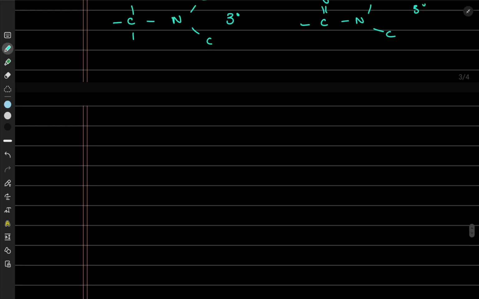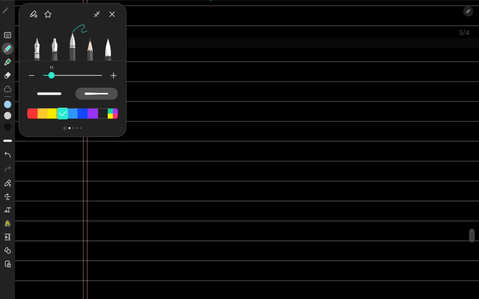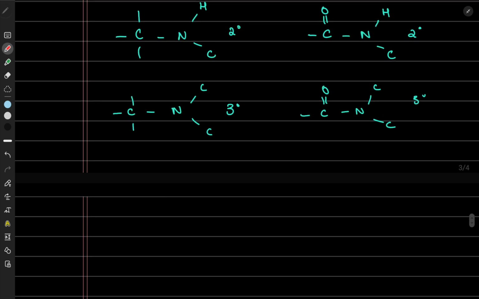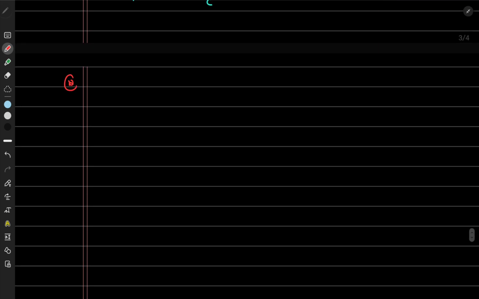The next homologous series that I want to talk about are the acyl chlorides. Check what's their number. Yeah, so the 12th series that we'll be talking about, acyl chlorides.